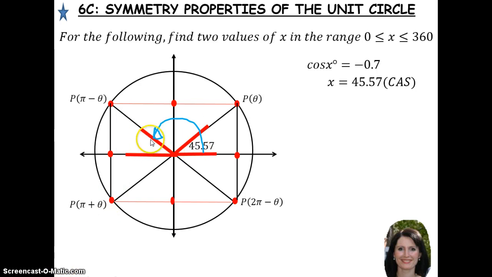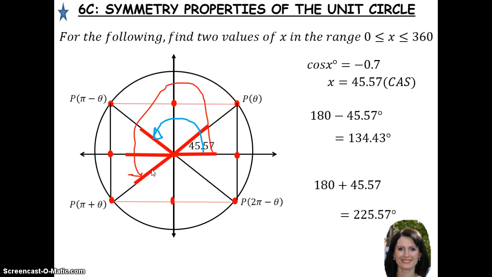We know that in here it's going to be 45.57, so it's going to be 180 minus 45.57. That gives me 134.43. Next, let's go in quadrant 3. Here's 45.57 in here. It's going to be 180 plus 45.57 to get all the way around. That gives me 225.57.